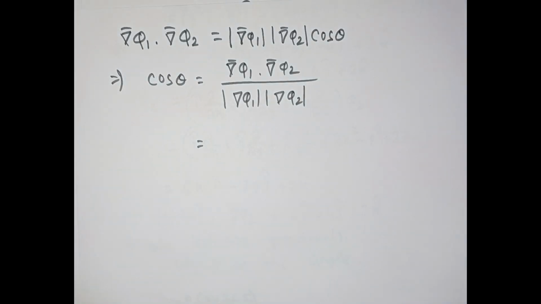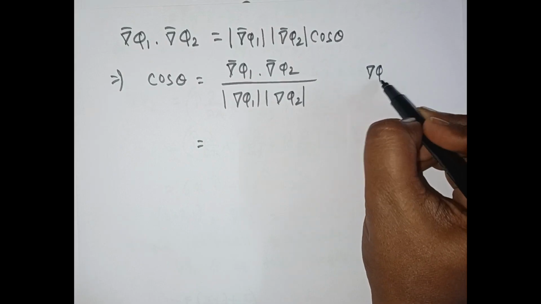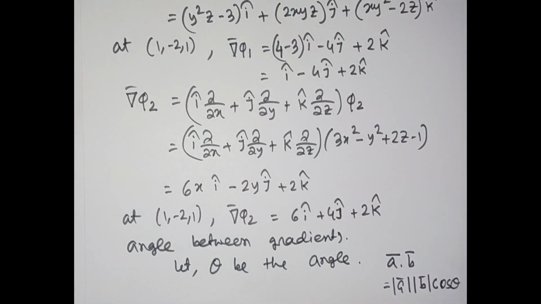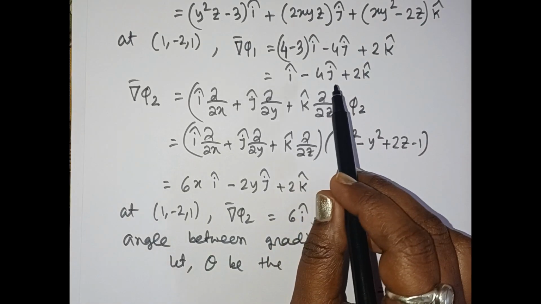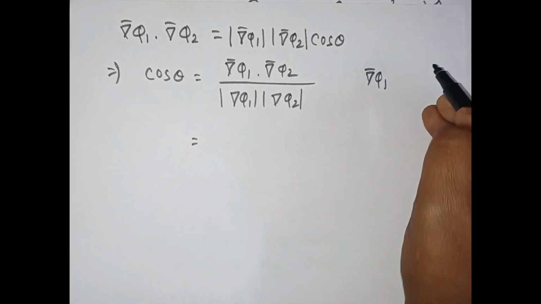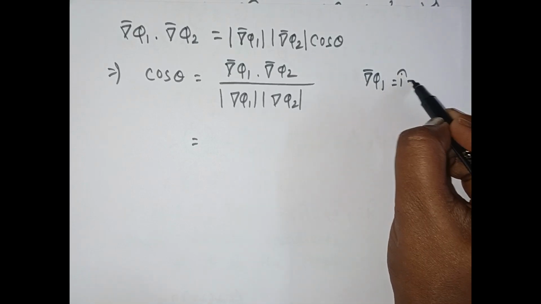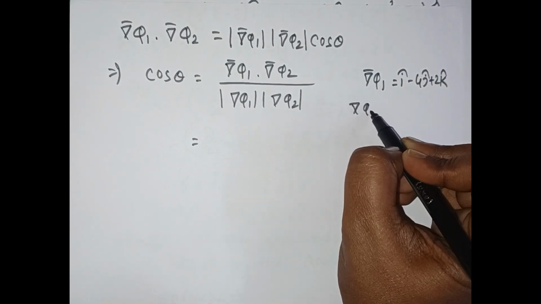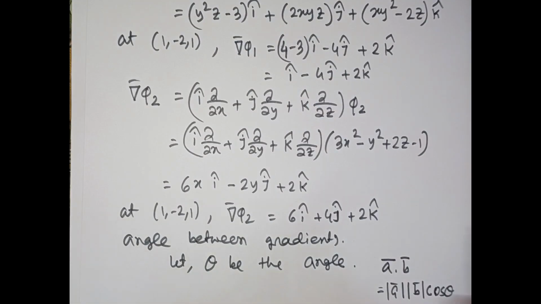And what is the value of grad phi 1 dot grad phi 2? Grad phi 1 at the given point is i minus 4j plus 2k, and grad phi 2 at the given point is 6i plus 4j plus 2k.